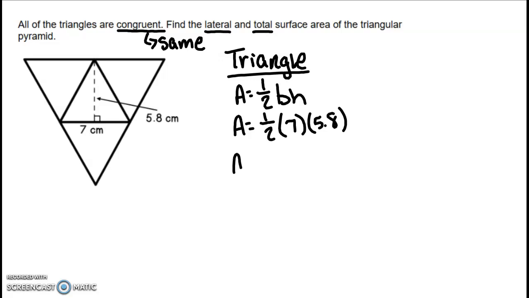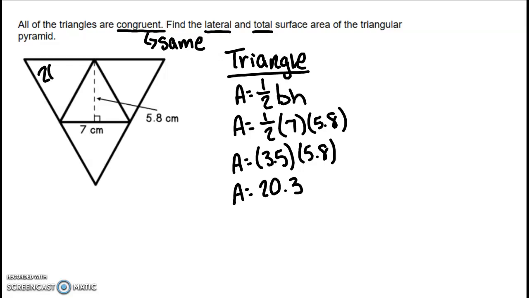So I'm going to just go ahead and do 7 divided by 2, and I get 3.5. And then I do 5.8 times 3.5. When I multiply those out, I get 20.3. So each triangle has an area of 20.3.